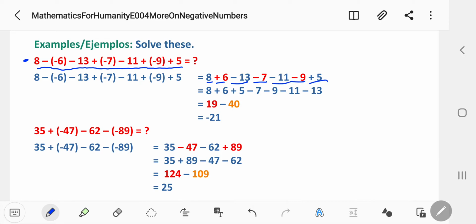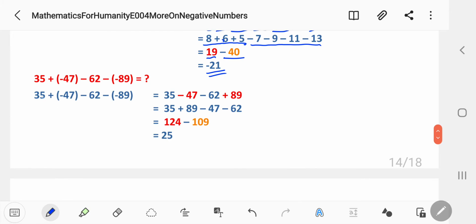You can then write all the positive numbers on one side and all the negative numbers on the other. So you can combine 8, 6, and 5. 8 plus 6 is 14, plus 5 is 19. And then negative 7 minus 9 minus 11 minus 13 is just equal to negative 40. So 19 minus 40 is just negative 21.